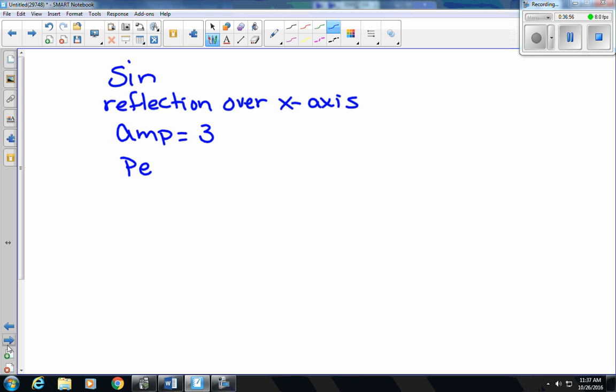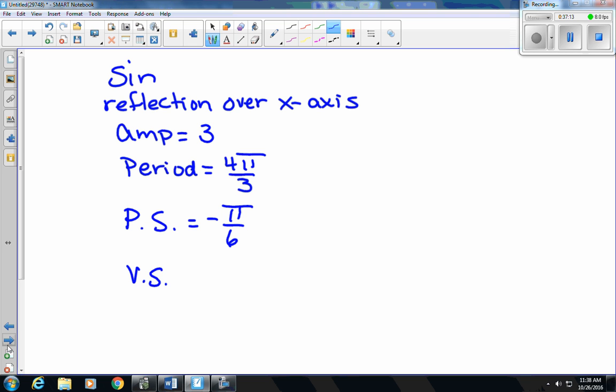I want the period to be 4 pi over 3. I want the phase shift to be negative pi over 6. And I want the vertical shift to be plus 2.